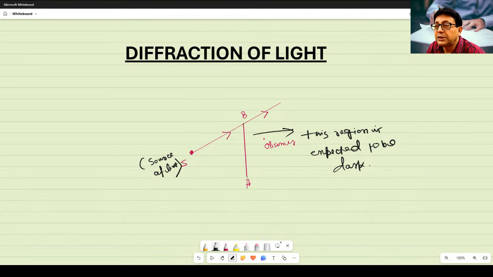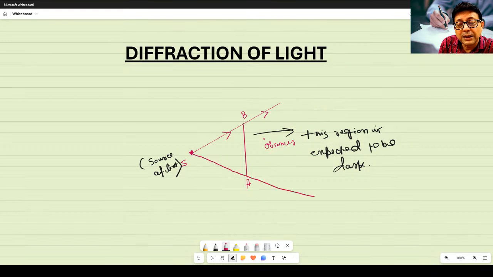Although intensity is reduced, we find a portion of the light wave in this position also, where it is expected to be completely dark. If light follows a straight line path only, then it was not expected.